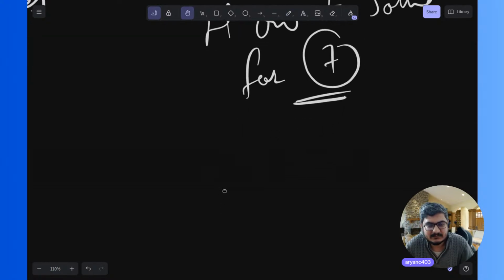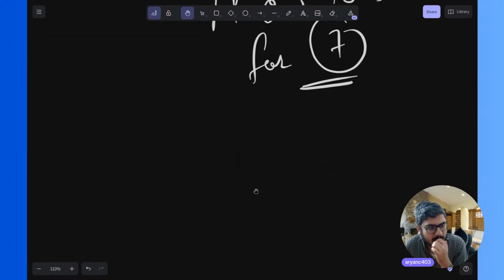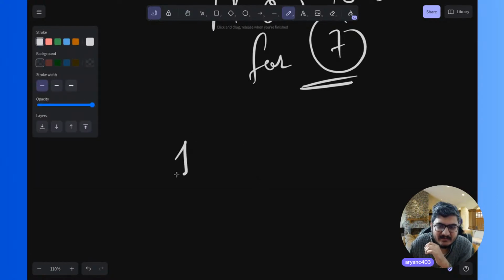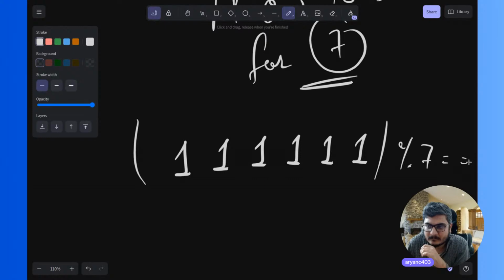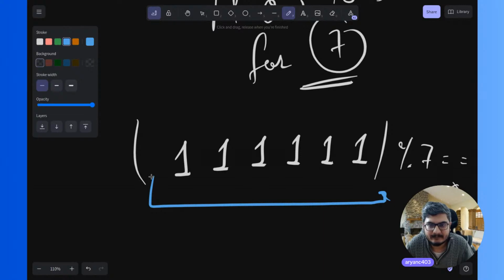The idea here is, if we have n equal to 6, the number 1, 2, 3, 4, 5, 6 is divisible by 7. How did I find that? I manually looked at the cases. This is divisible by 7.